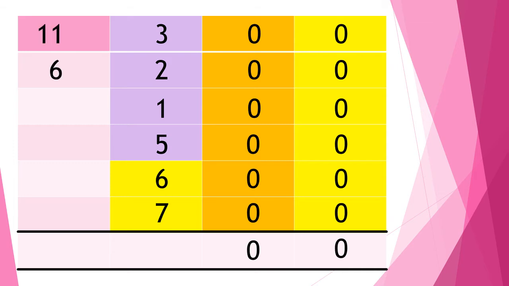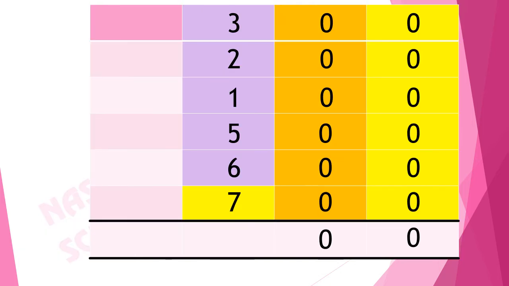We get 17. In 17, we will add 7. We get 24. We will write 4 in hundreds column and we will carry forward to the thousands column. So the total number of people visited the zoo during the week is 2,400.